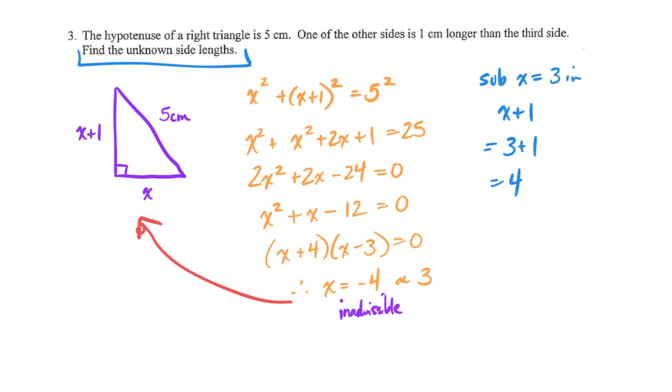So if you are comfortable to simply take that x, look back to the diagram and see that, well, the other side would have to be x plus 1, so 3 plus 1, 4, then you are okay to jump straight to a therefore statement. Therefore, the other two side lengths, put on your units, 3 centimeters and 4 centimeters. And there we go. Hopefully good.